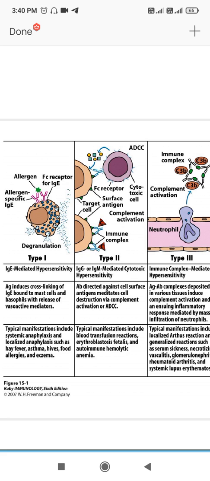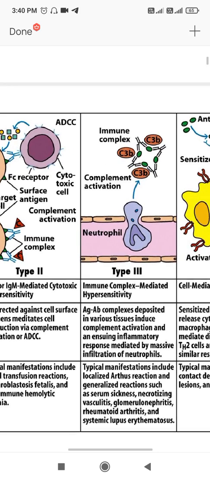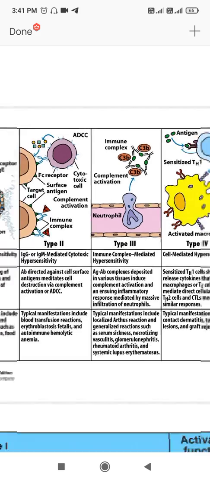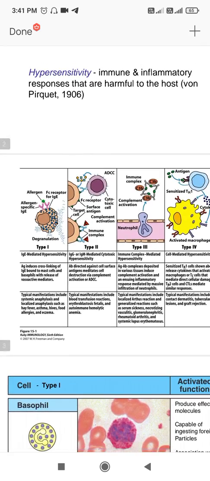Examples of type 2: antibody mediated cell cytotoxicity, erythroblastosis fetalis, blood transfusion reaction, etc. In case of type 3, it is due to Arthus reaction, serum sickness, and some autoimmune disorders such as rheumatoid arthritis and necrotizing vasculitis. It is due to the immune complex reaction. So this is about hypersensitivity or allergy.